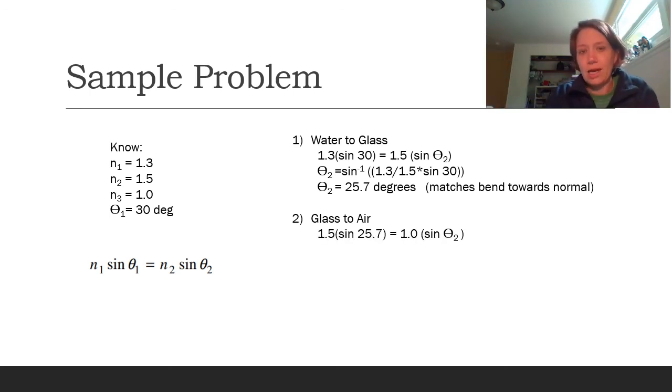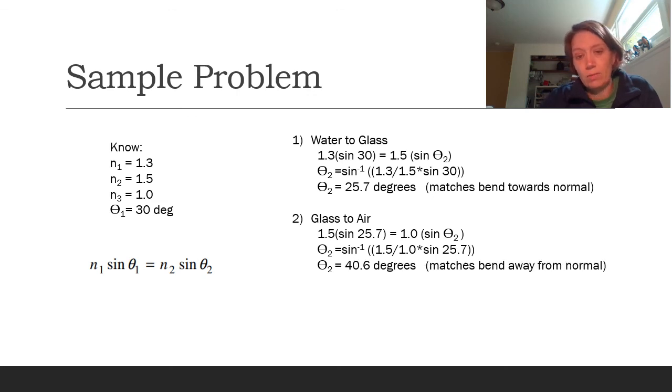So for glass into air, we have 1.5 times sine of 25.7 equals 1.0, which is my final material, times sine of theta 2. Same kind of calculation, the inverse sine of that big mess, and you end up getting theta 2 equals 40.6 degrees. Which is what we would expect. We'd expect a bigger angle because we're bending away from the normal when we go from glass into air.